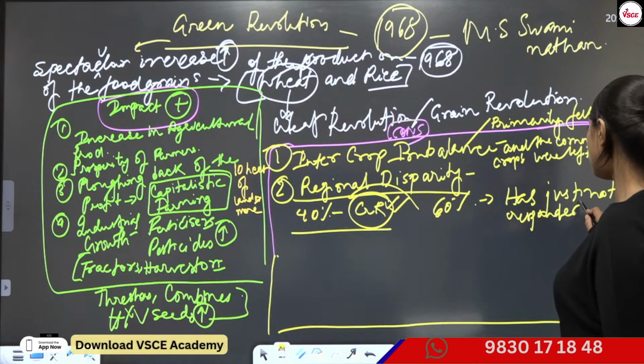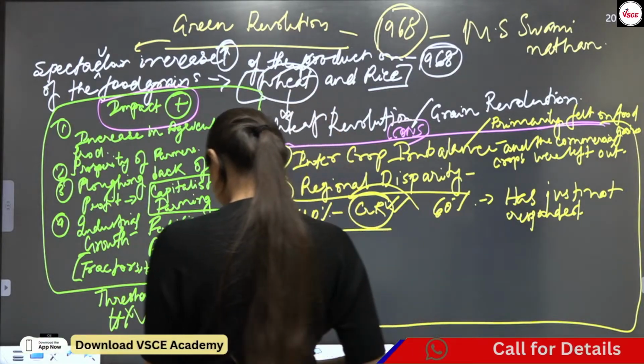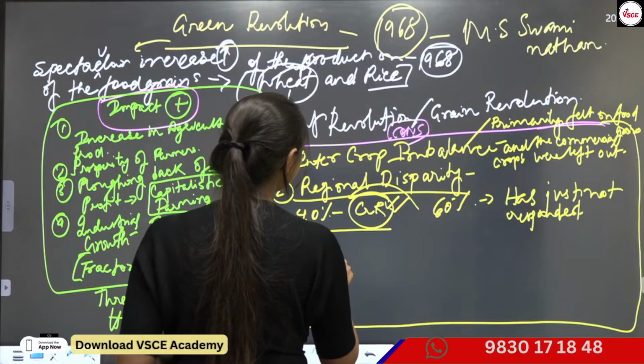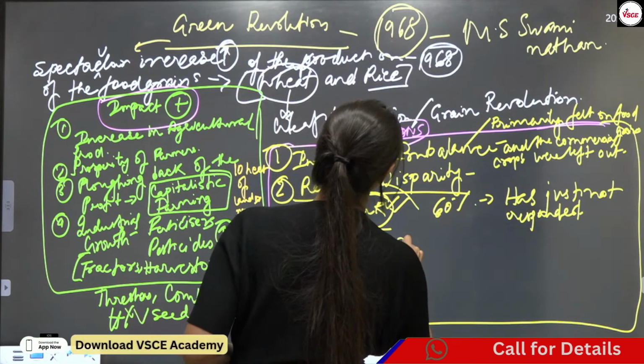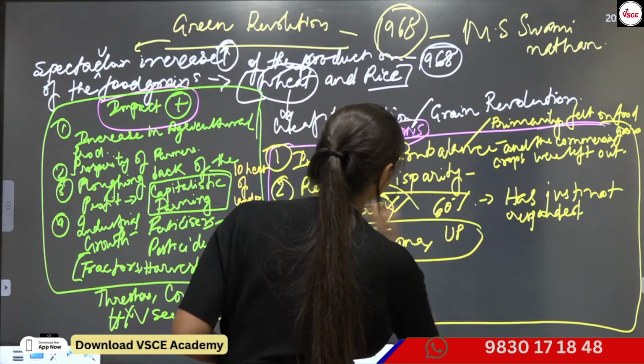So this again shows regional disparity: Punjab, Haryana, UP were already agriculturally flourishing from the initial days, and the green revolution affected these areas only.